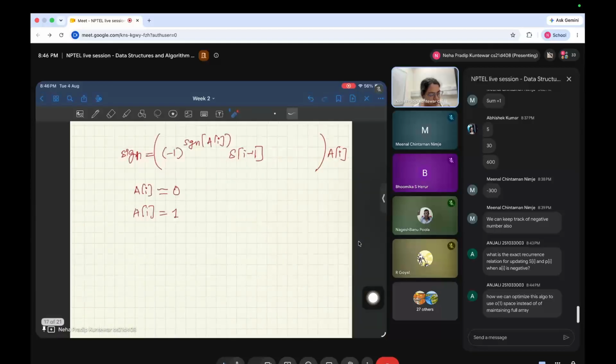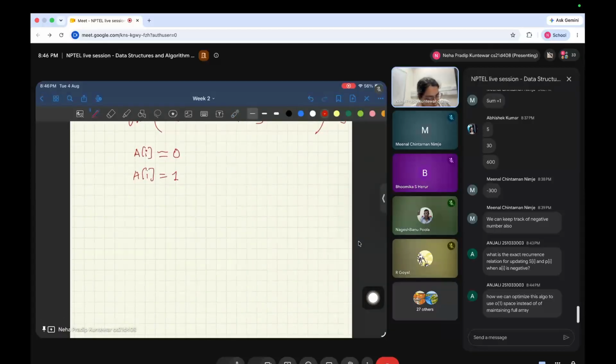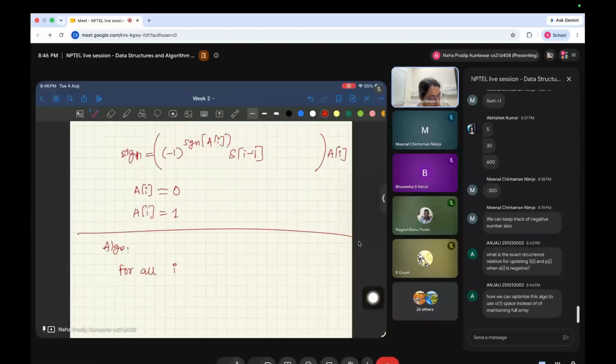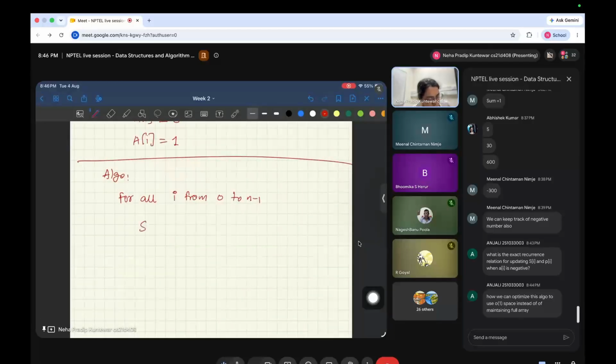So your final algorithm is that for all I from 0 to n minus 1, what you are going to do is update as follows.